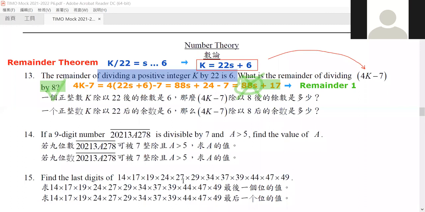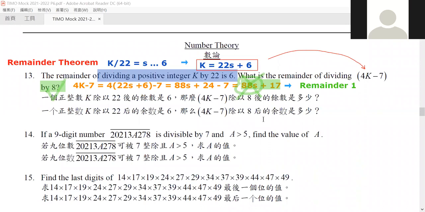Okay, so this is question 13. Again, based on the remainder theorem, we can rewrite the information that k divided by 22 has a remainder of 6 into k equals 22s plus 6.